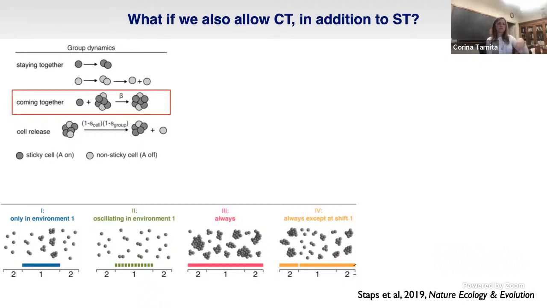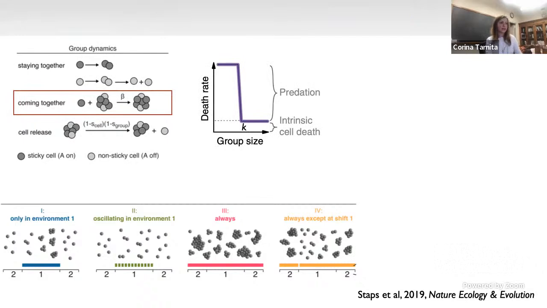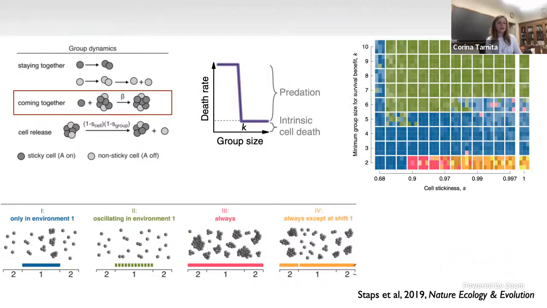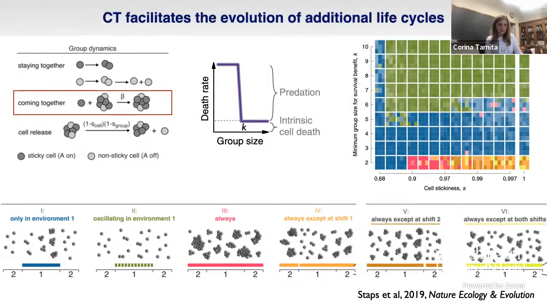Simply single cells might have some very small rate at which they might bump into groups, and if they do and the cell is sticky and the group is sticky, then you're going to stick to the group. If we also add that and nothing else changes, they're still staying together, but now there is this additional coming together, then what we find is 2 more life cycles that emerge.